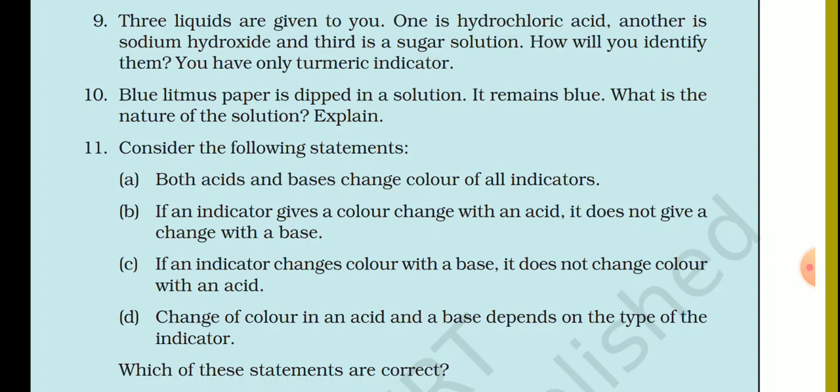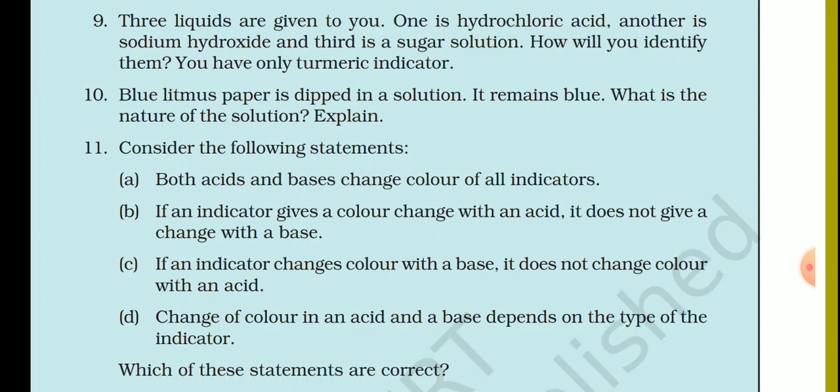Now the question is saying that you have a blue litmus paper, and it is dipped in a solution and it remains blue. So what will be the nature of the solution? Now we know that acid turns blue litmus red.